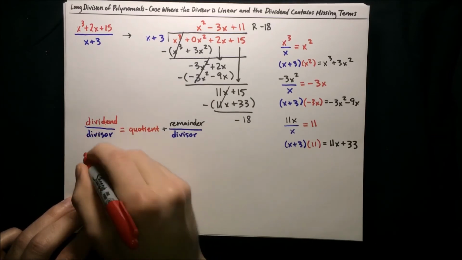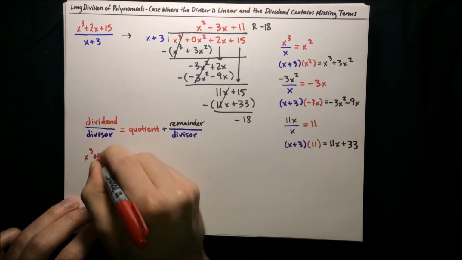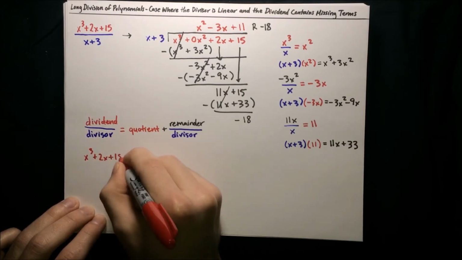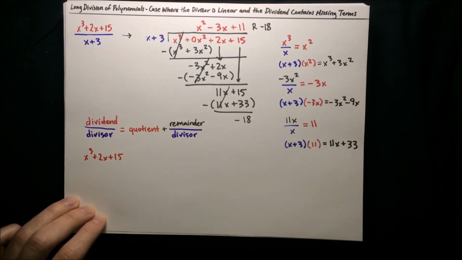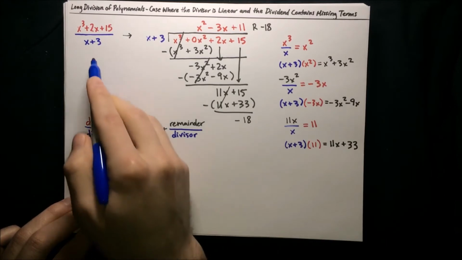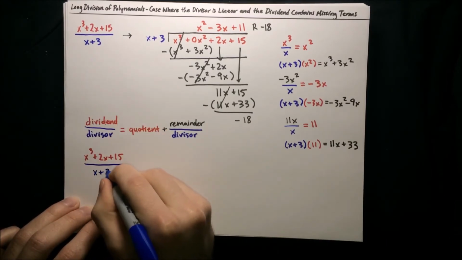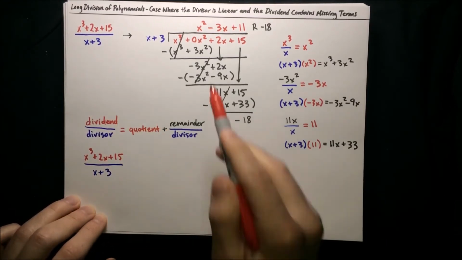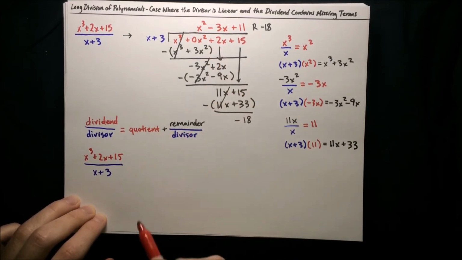In this particular problem, let's fill in our information. So the dividend was x to the third plus 2x plus 15, and the divisor was x plus 3. And now that we've done long division, we have the quotient and we have the remainder.